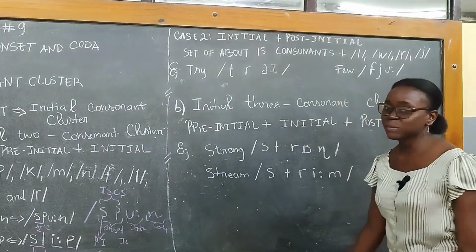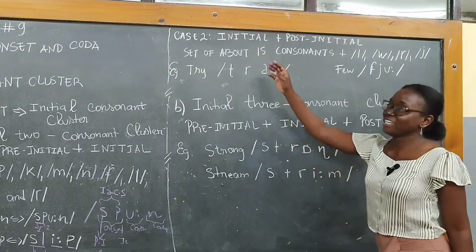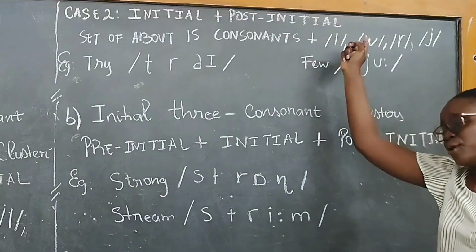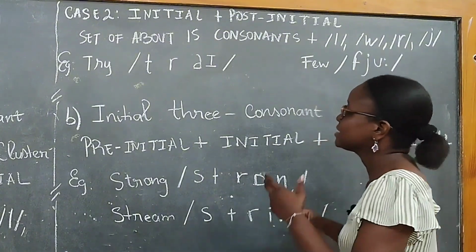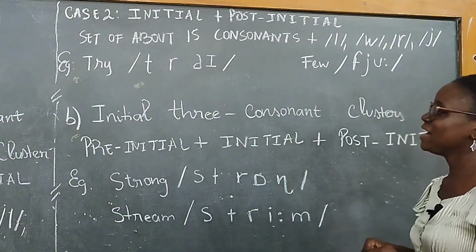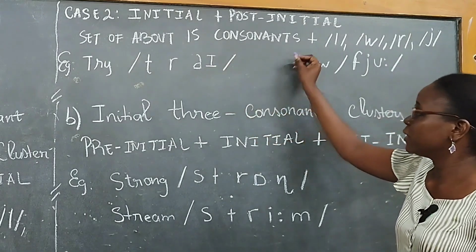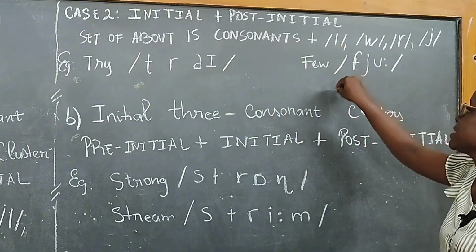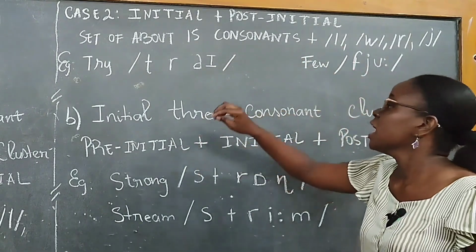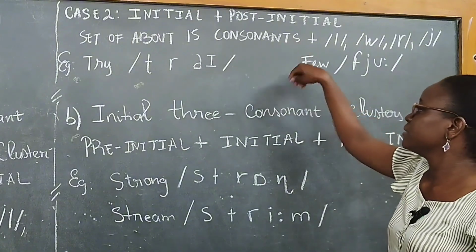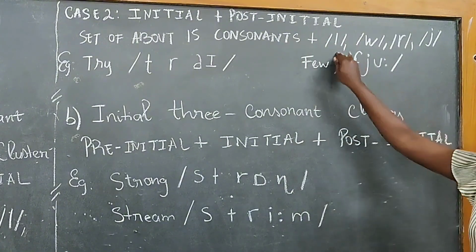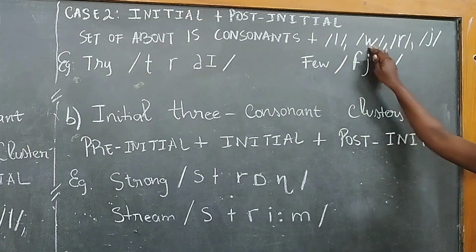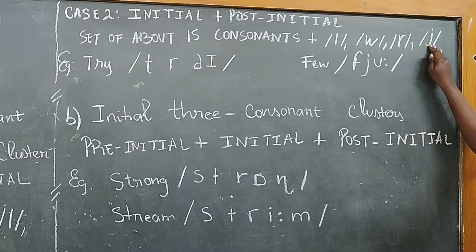This case is made up of an initial consonant and a post-initial, where in this case, we have a set of about 15 other consonants, other than those, combined with La, Wa, Ra, and Ya.